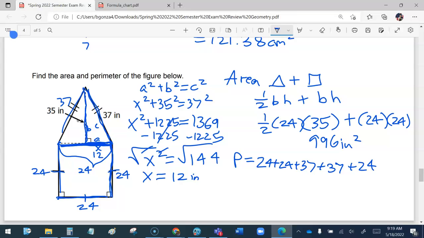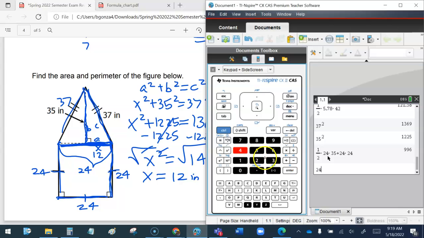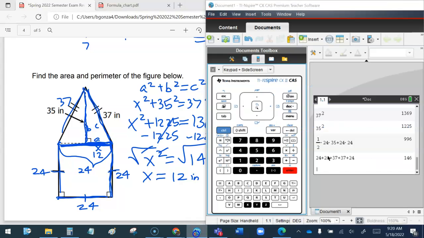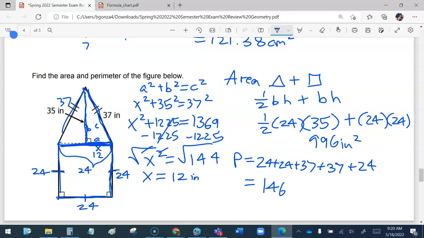All right, let's add these up. 24 plus 24 plus 37 plus 24 gives me 146 for my perimeter. And those are just in inches because it's one-dimensional perimeter.